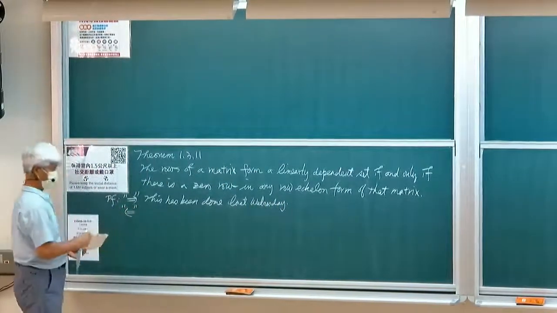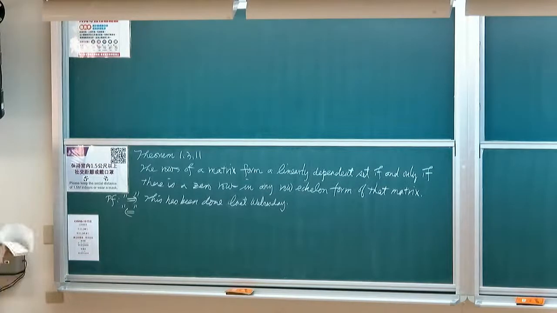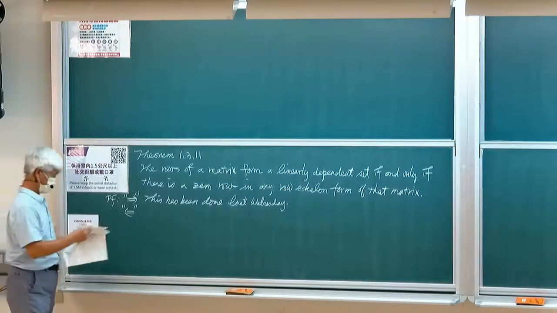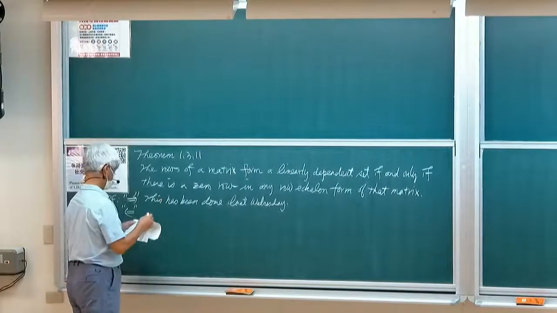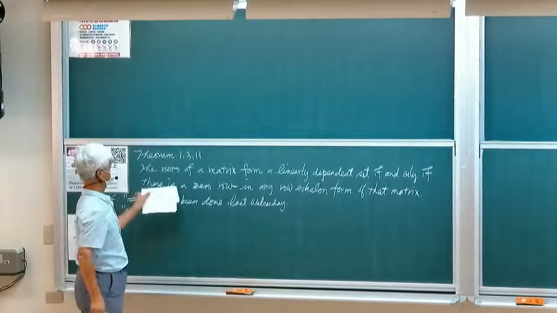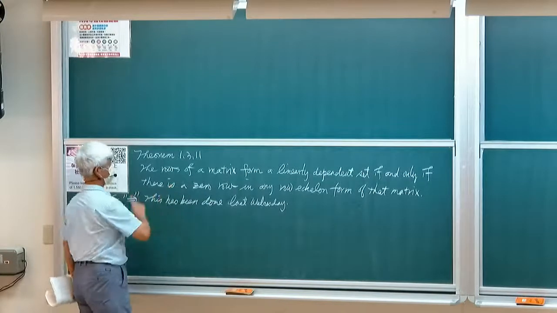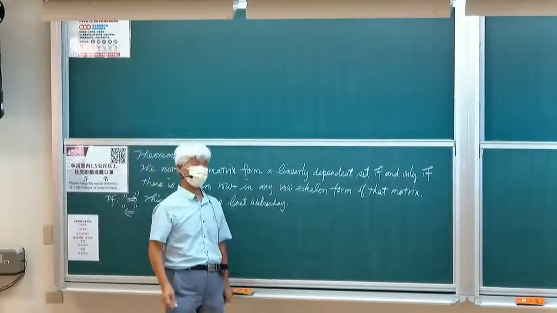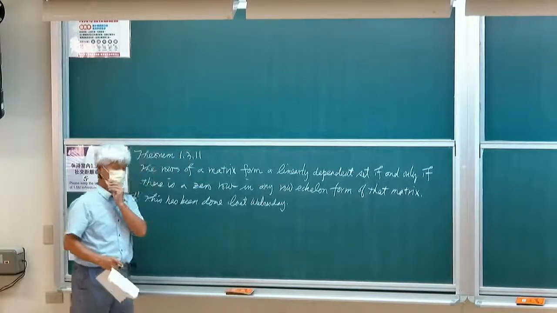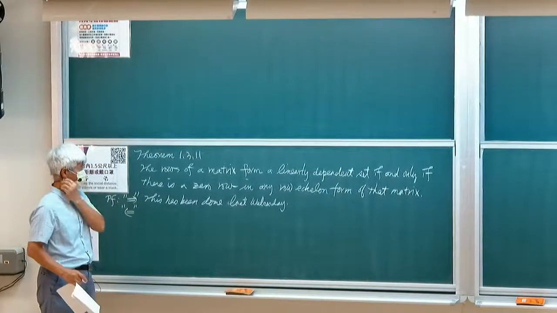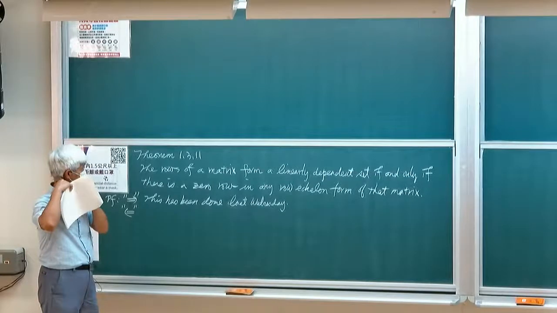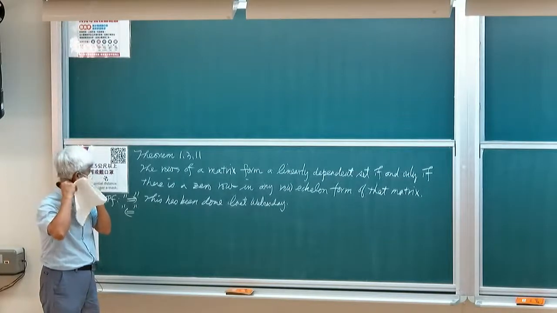So now I will continue with the reverse part. The reverse part says that if there is a zero row in any row echelon form of a matrix, then the rows of that matrix form a linearly dependent set.